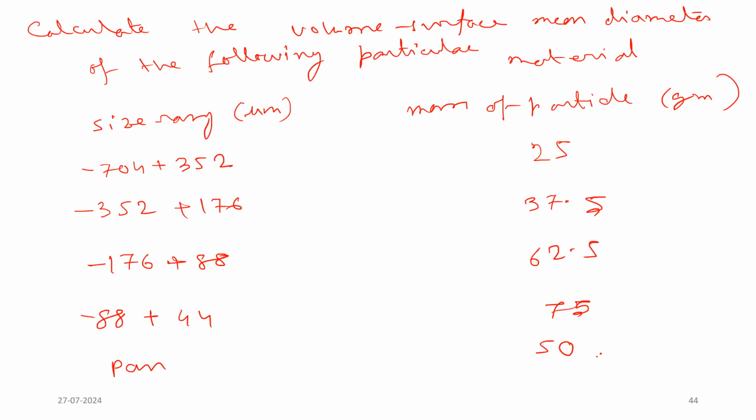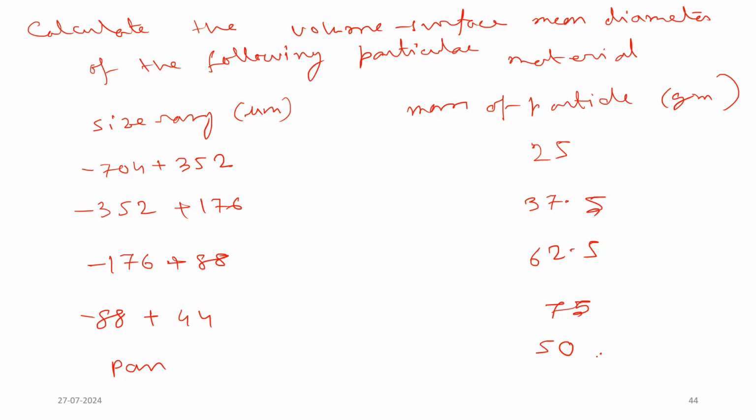In the question I solved initially, that is the assignment question, the mass of the particle is given and the diameter of the mesh is given, and we have to calculate only the mass fraction from the mass of the particle. But here nothing is given.